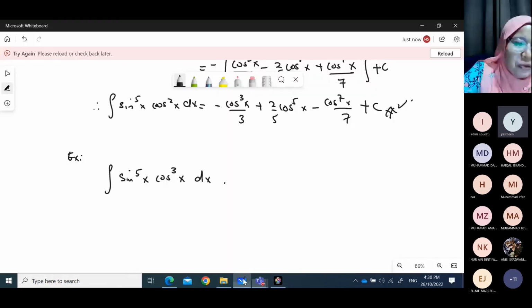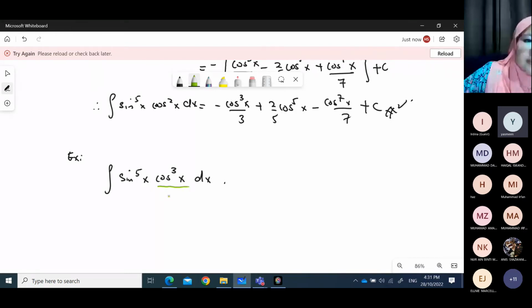Okay, right, good try. Okay, so if you have this kind of problem, no need to factorize both. So you boleh pilih salah satu, sama ada sine ataupun cosine. Okay, alright, so untuk saya lebih suka kalau cosine kat sini. Sebab kat sini sin kuasa 5 ni dia agak tinggi.